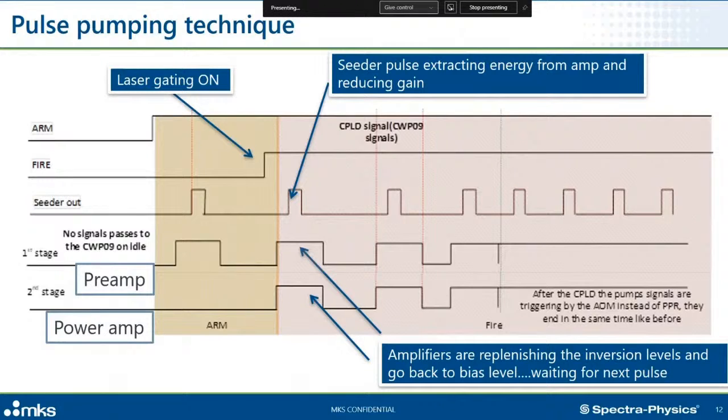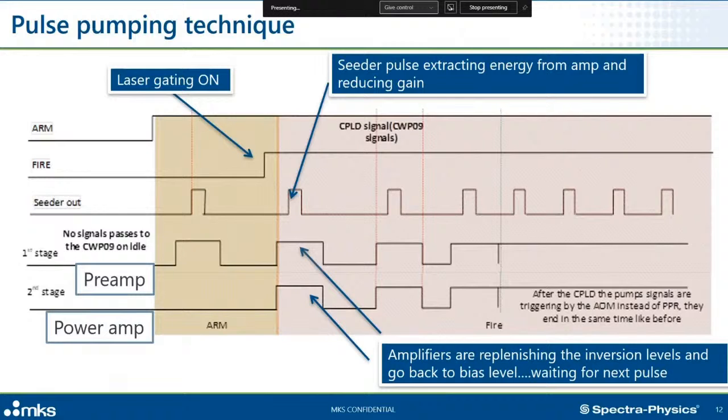So basically what the electronics here does in a very fast way is keep the inversion level fixed while the repetition rate starts to modulate, but not using a changing DC current.